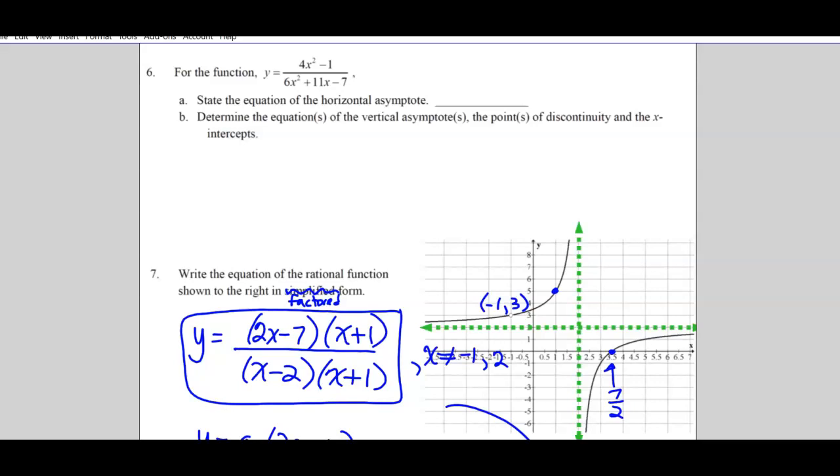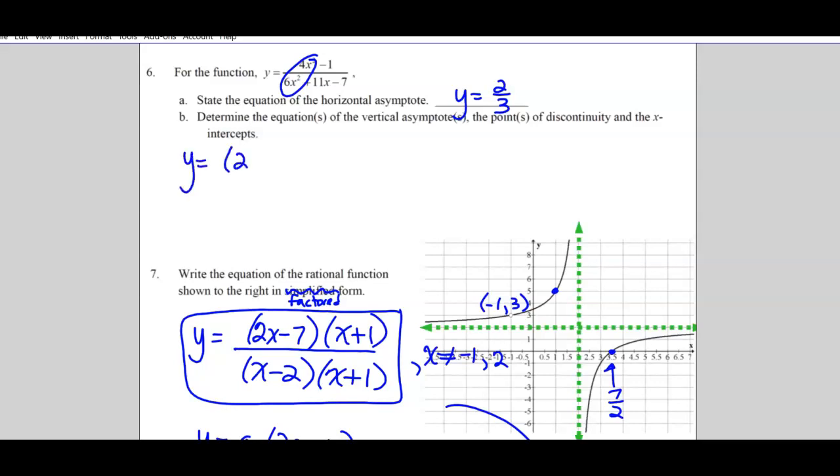Okay, then question 6. For the function given, state the equation of the horizontal asymptote. So, numerator and denominator both degree 2. 4 over 6 reduces to 2 over 3. Determine the equations of the vertical asymptotes, point of discontinuity, and x-intercepts. So we want to factor.